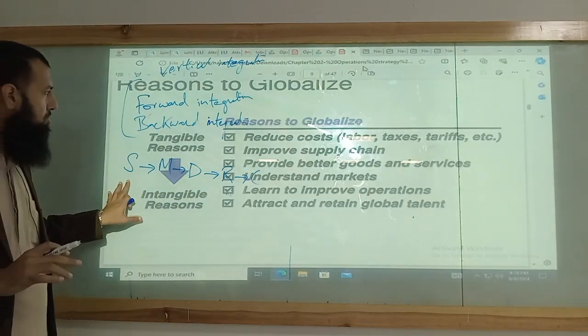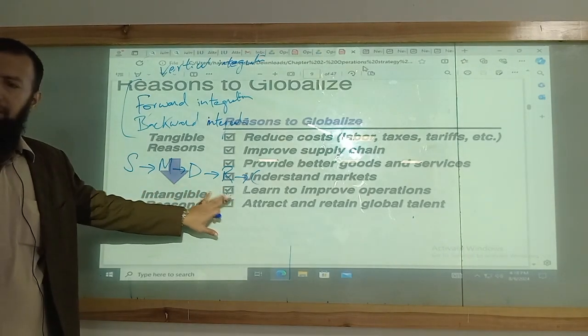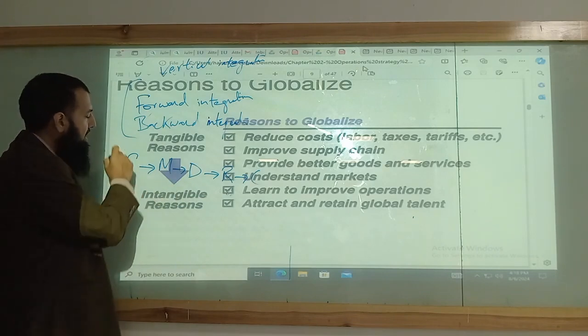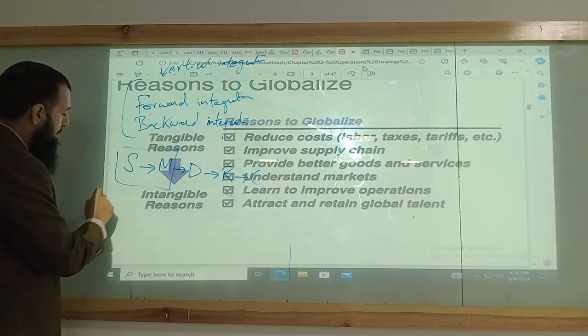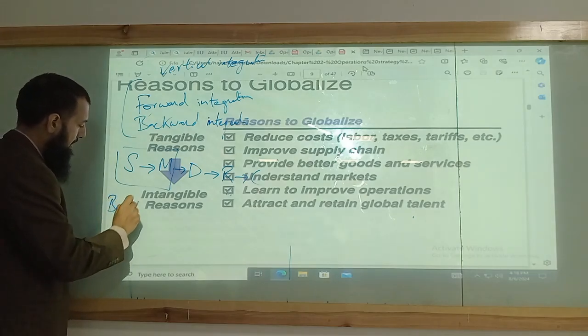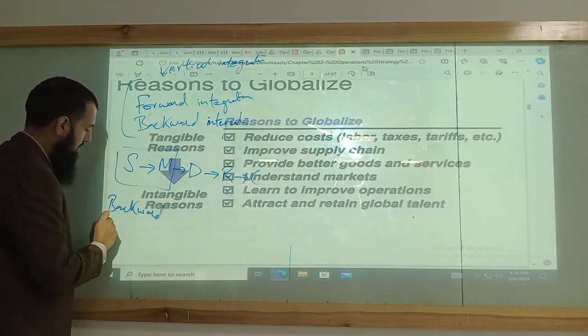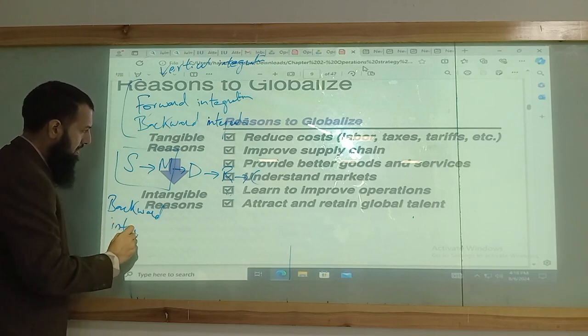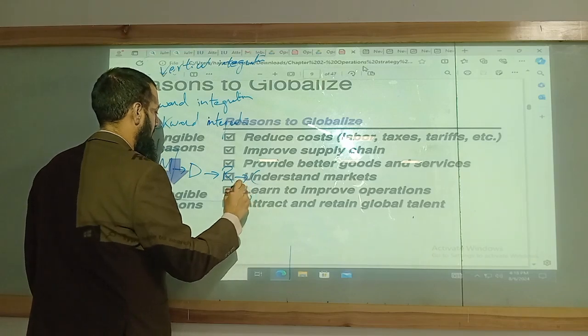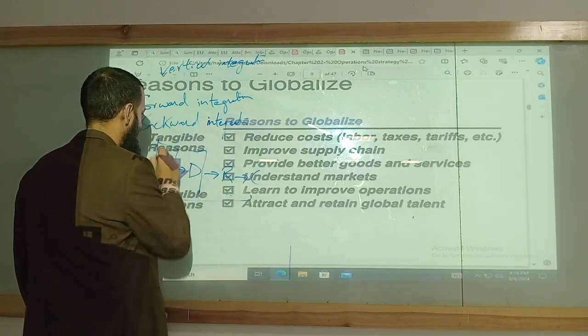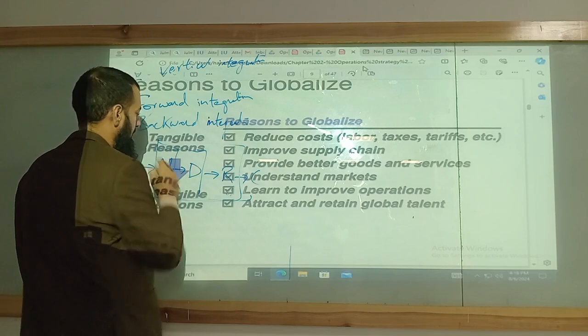When we say integration, it means any of the stages has been acquired by the company. This is called backward integration. And this is called forward integration.